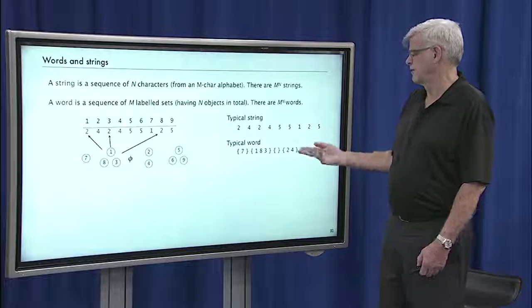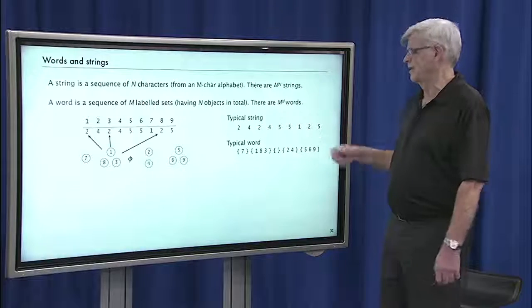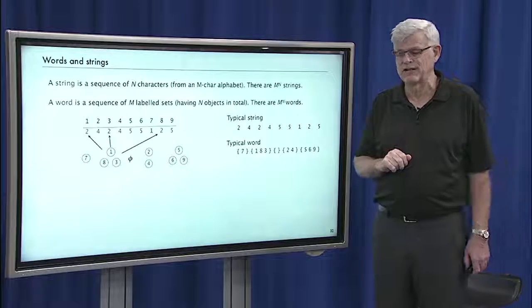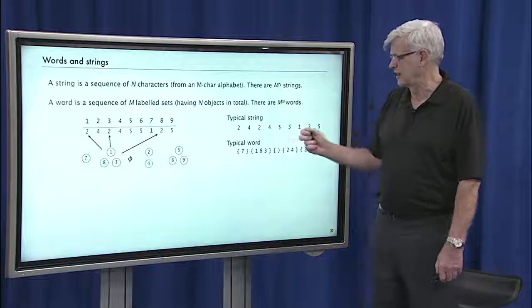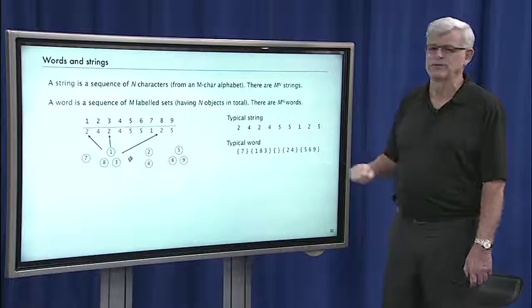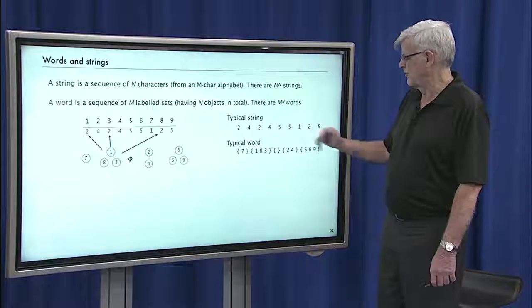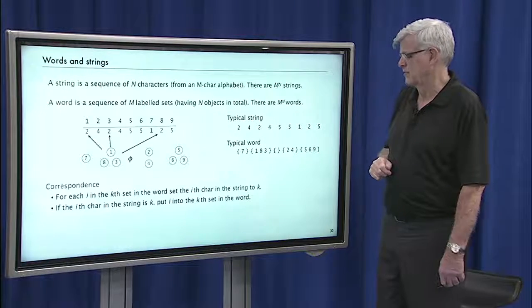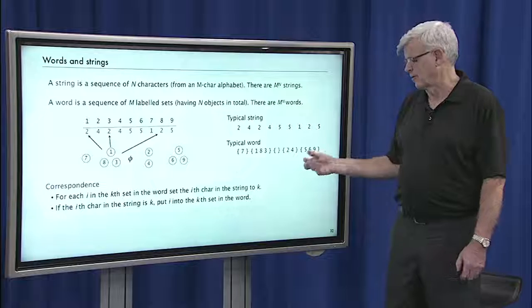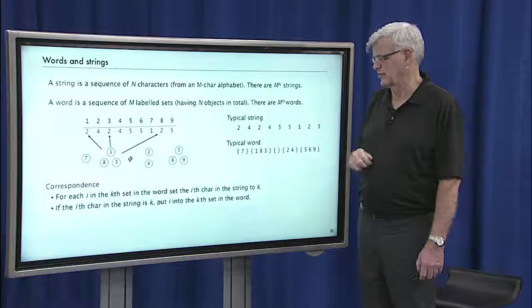There's no 3. 4 appears in position 2 and 4, and 5 in positions 5, 6, and 9. You can see a direct correspondence between strings and sequences of sets. We refer to sequences of sets as words. So that's the correspondence, again, just what I just described.